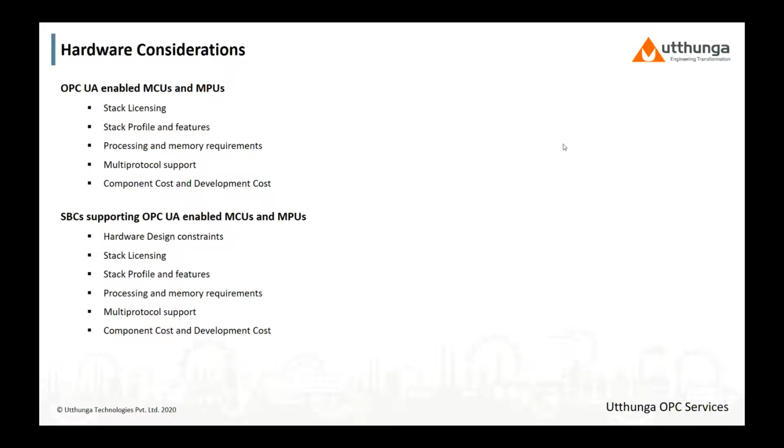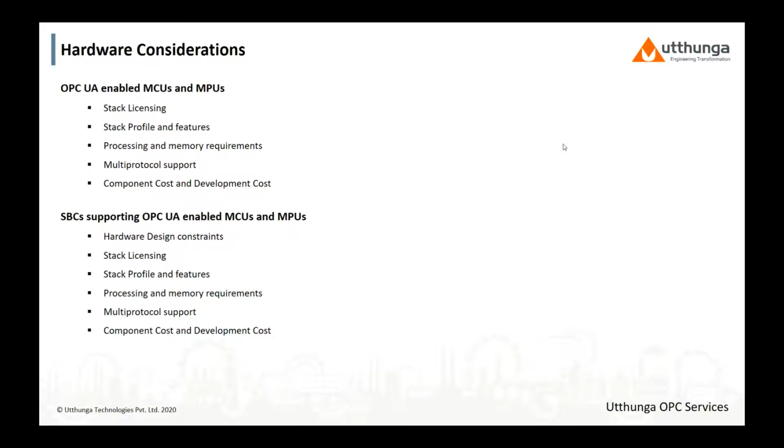What you need to consider is whether the specific chip will satisfy your processing and memory requirements based on the performance requirements you have defined, and whether it can support multiple protocols. For example, can it allow OPC UA to run alongside any of the industrial Ethernet protocols? You need to consider the component cost and development cost, because this is where your cost will be so high.